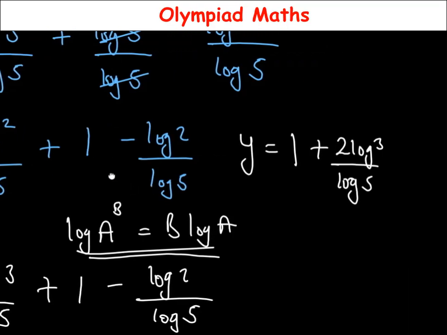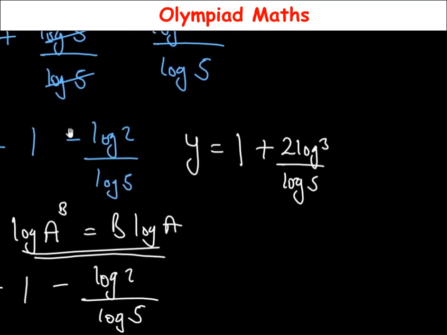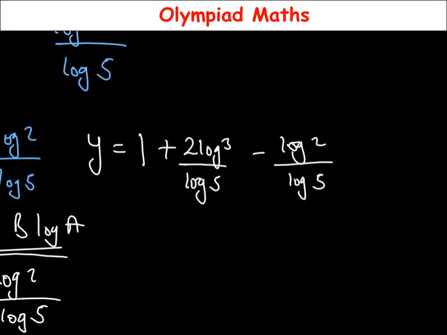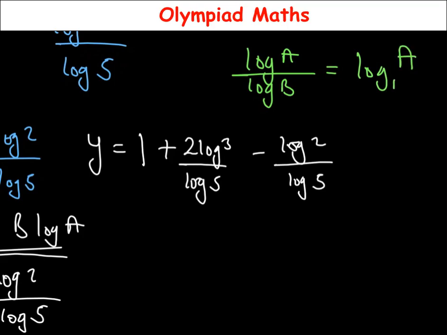Then we have minus log 2 over log 5. And with this, we can still simplify the value of y further by applying a rule. And the rule is this, that if you have logarithm of a over logarithm of b, this can be written in the form of log a base b.